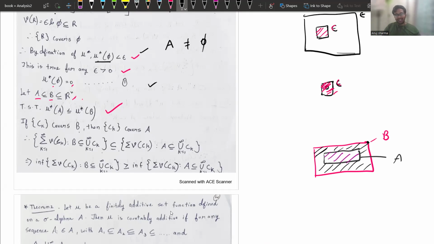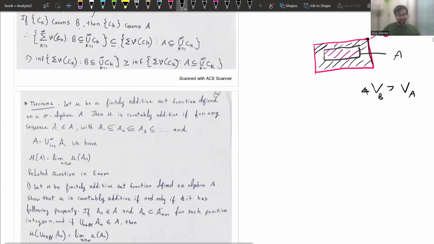You can think of it like B has a volume, and the volume of B would always be greater than the volume of A. Infimum means the smallest volume of B. Even the smallest volume of B would be greater than the volume of A. Correct?